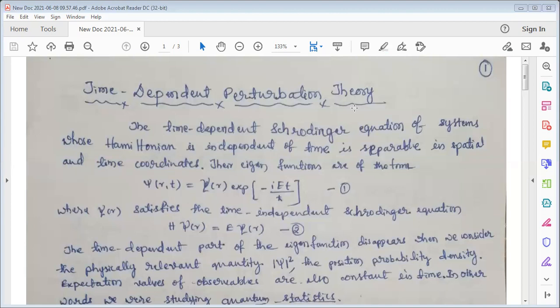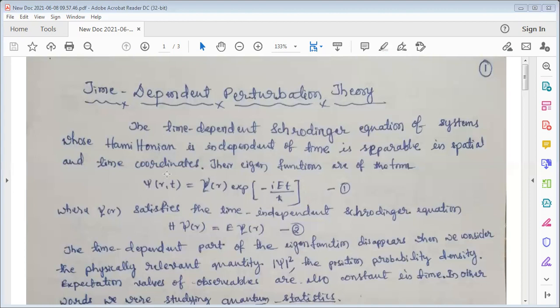The time dependent Schrodinger equation of systems whose Hamiltonian is independent of time is separable in spatial and time coordinates, and their eigenfunctions are of the form psi of r comma t is equal to psi of r into exponential of minus i E t upon h cross.